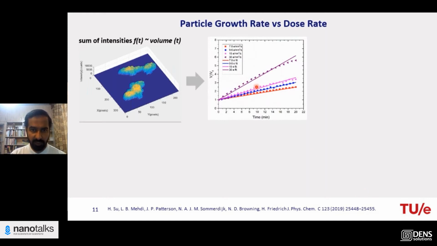From this, you can see that with the higher dose, the growth rate is higher and almost linear.